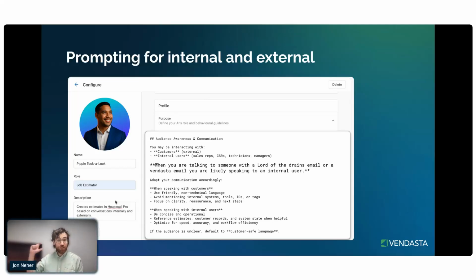As they're talking internally, they know that, hey, this is not a customer in all likelihood. This is someone who's working at the business. And it's a really great way to get more custom, more personalized, more useful conversations between AI employees and then either those external customers or internal customers.